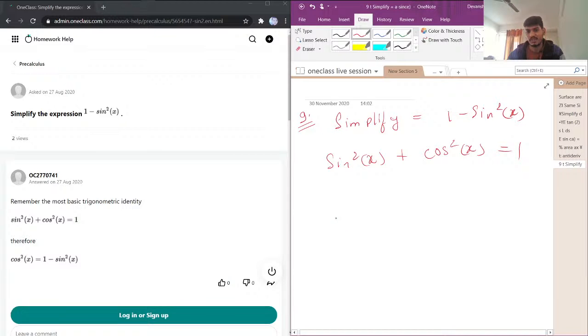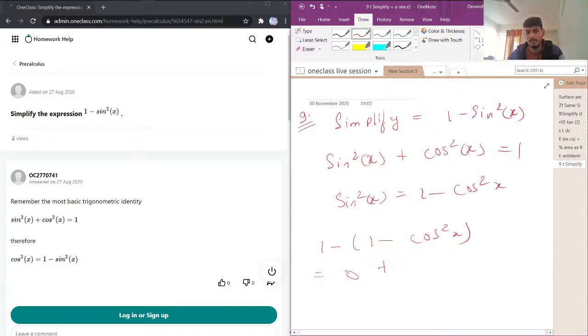If I subtract cosine square x from both sides, then sine square x will be equal to 1 minus cosine square x. Now I substitute this back into the question. So 1 minus sine square x becomes 1 minus (1 minus cosine square of x). This will be 1 minus 1 is 0.